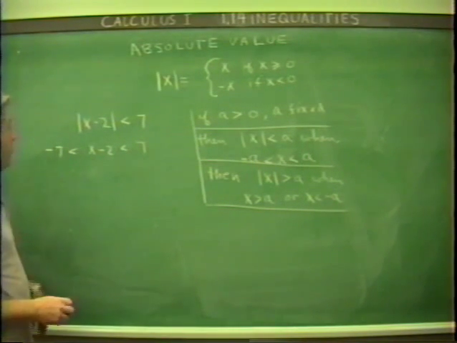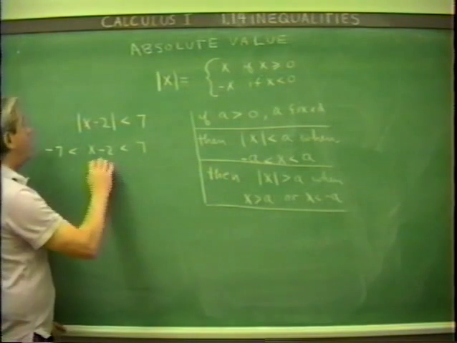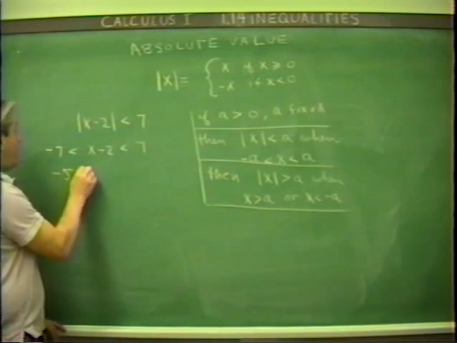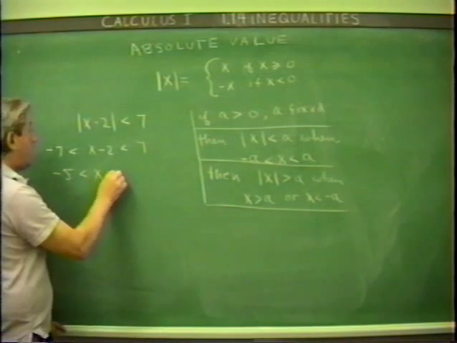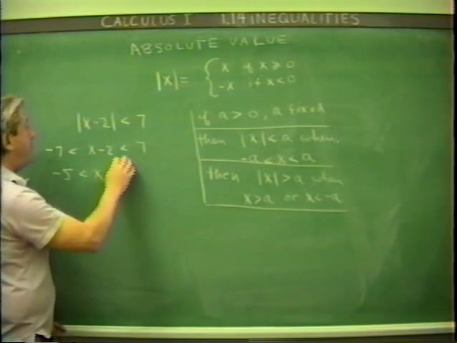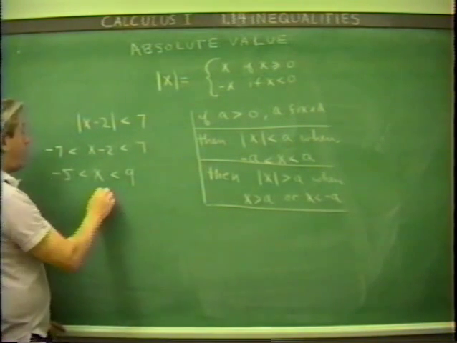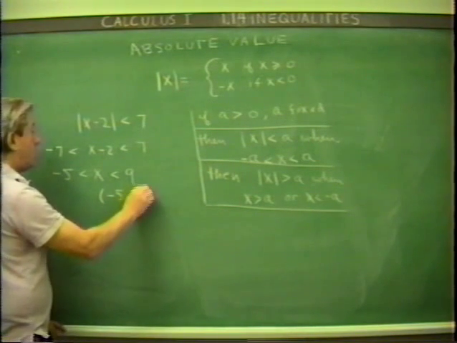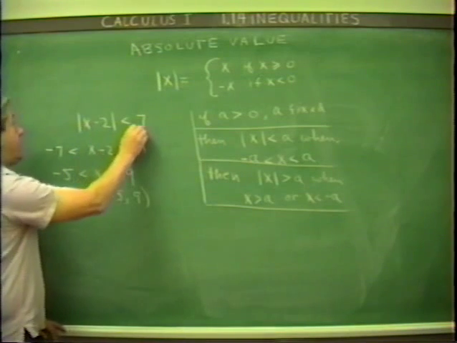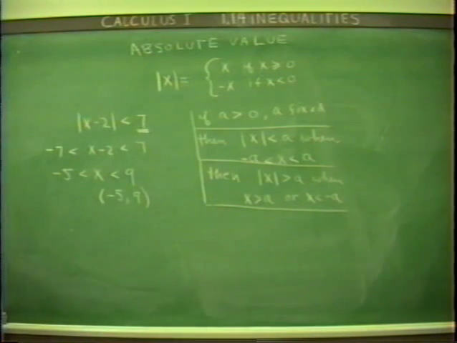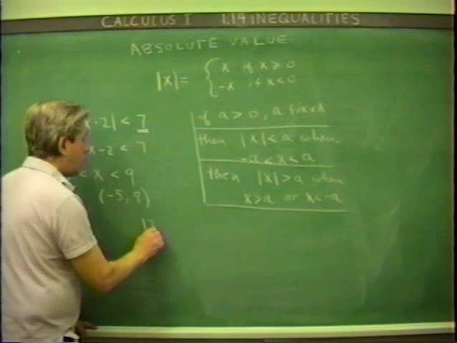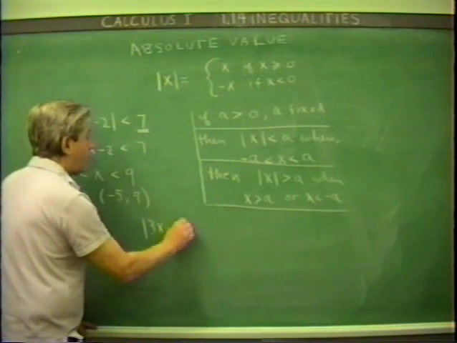Here, when you write a string of inequalities like this, you mean that this holds and this one also holds at the same time for x. And for such a string of inequalities, we can add 2 throughout, and we get minus 5 less than x less than 9. And so we find the solution set immediately is minus 5 to 9. And we can do this because the quantity over on the right side here was a fixed, definite number.